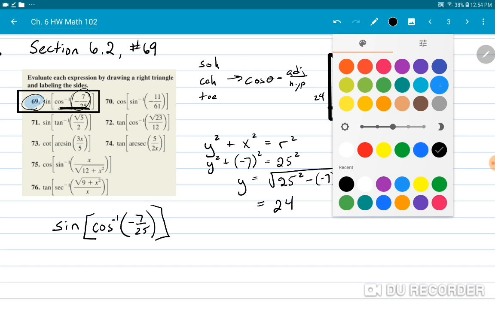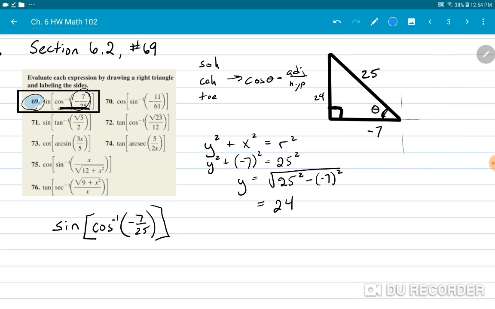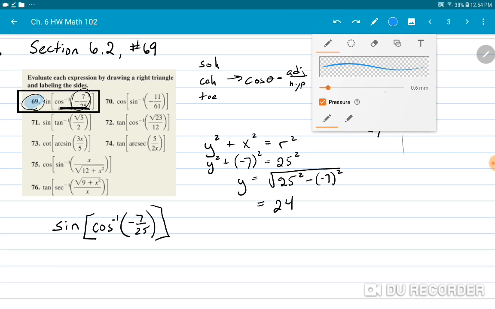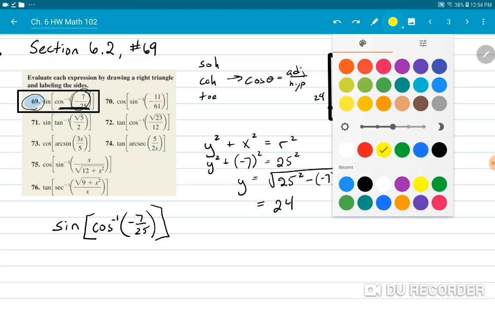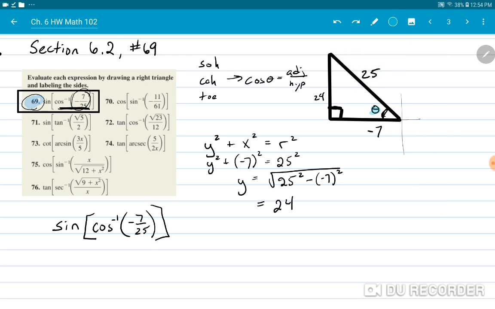And again, I can't tell you what the angle is, but this angle that I've defined with my triangle diagram is this value. I could put that in the calculator and find out the actual angle, but that's not really necessary because I just want to find the sine of that angle. And I have a picture of it.